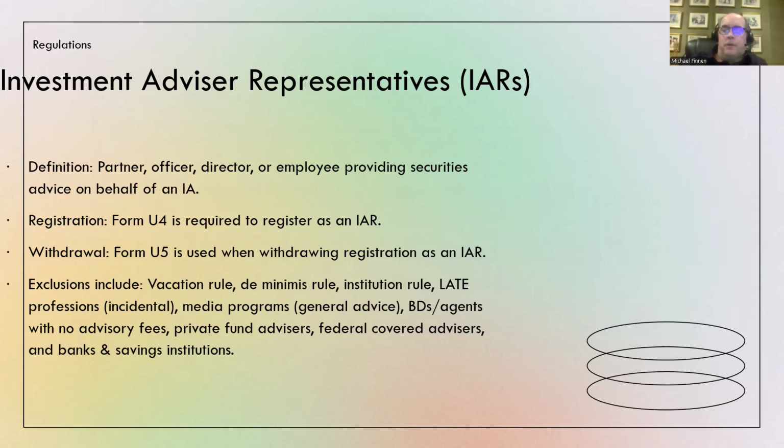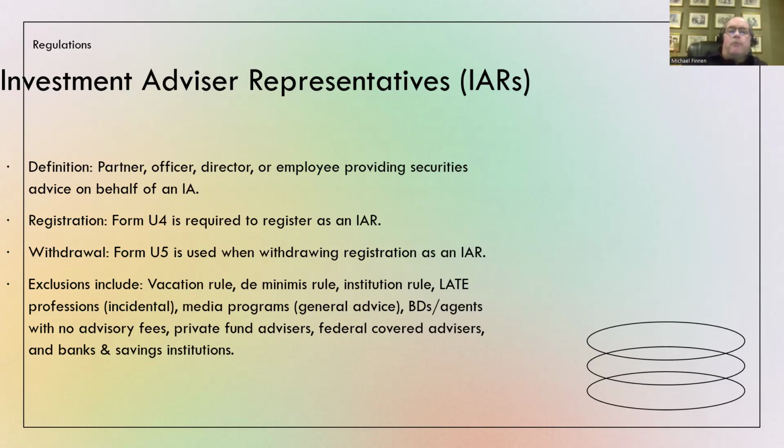They provide securities advice on behalf of the IA. That is a partner, officer, director, or any employee, which is what you think of as a classic representative, providing securities advice. The partners, officers, and directors are going to get listed automatically on the ADV form. And the employees who have to get registered are also going to be on that form.